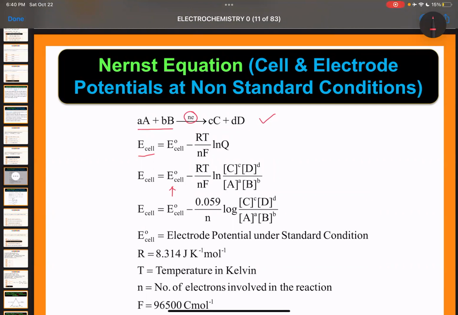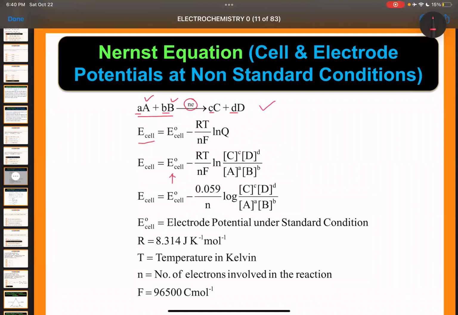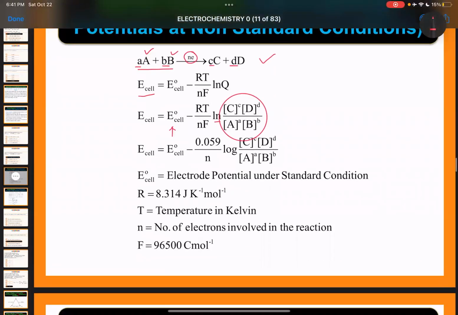These A and B are the reactants, and small a, small b, small c, small d are the coefficients. RT by NF, ln, this is the reaction quotient Q, which has the same expression as the equilibrium constant.